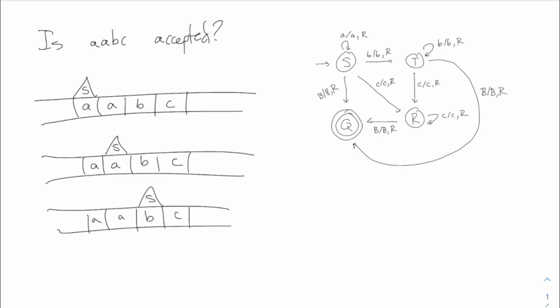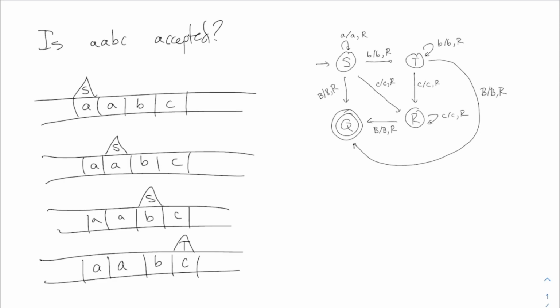That's what the B/B means: you read the B, you replace it with a B. I move the head to the right, and the head now is going to be in state T. So now it looks like A, B, C, and the head is over here in state T. I followed this arrow across from S to T. All right, we're getting somewhere.